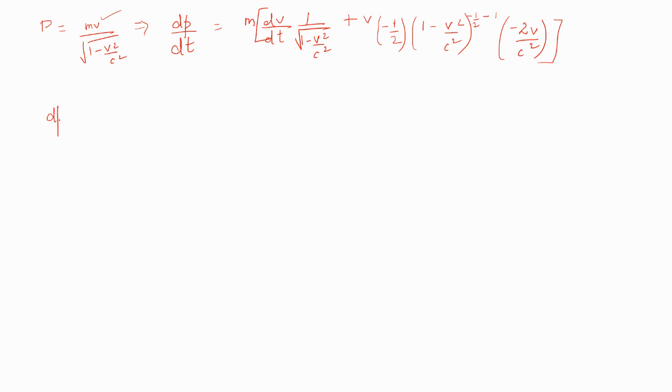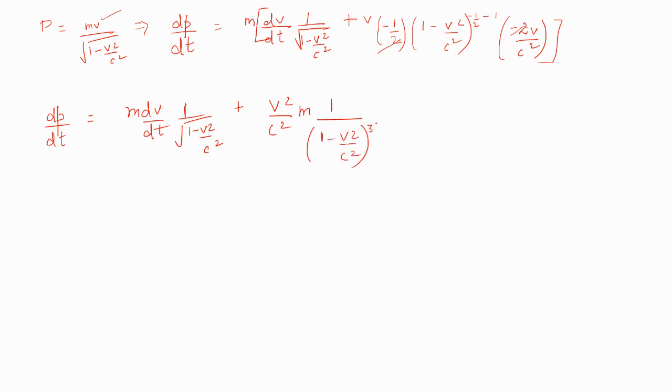This is just simple differentiation. So we have a term m dv by dt, that is one term, and in the other term the 2 will cancel, and the negative negative will become positive. v square by c square m, 1 upon 1 minus v square by c square to the power 3 by 2.